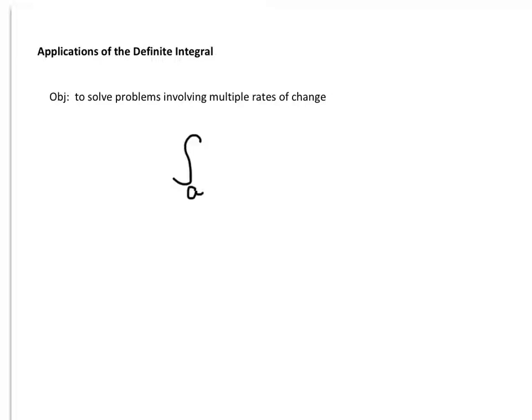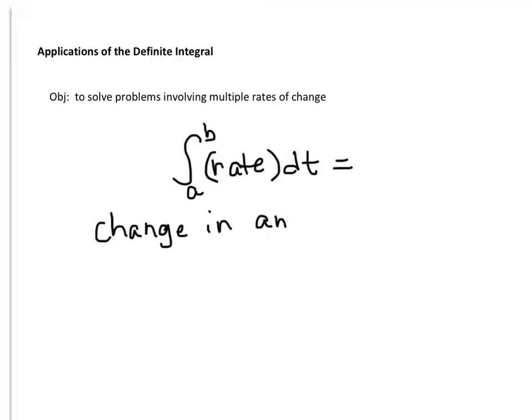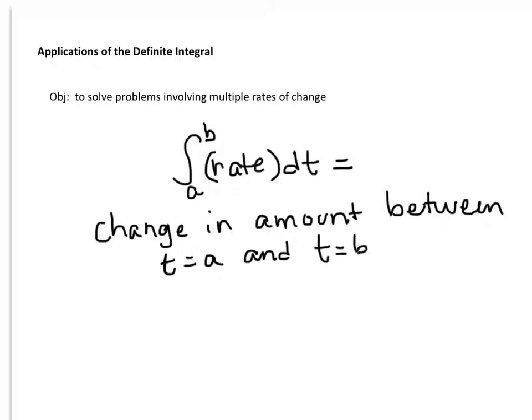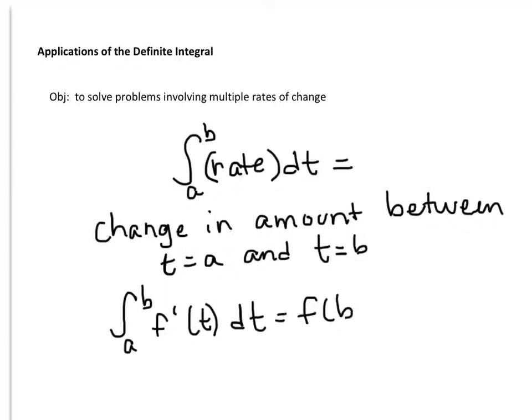So yesterday what we saw is that if we integrate a rate, then we get the change in amount at time A minus time B. So change in the amount of whatever is present between time A and time B. We could also write that same idea this way: if I integrate a derivative function over an interval from A to B, then I get the change in the original function.